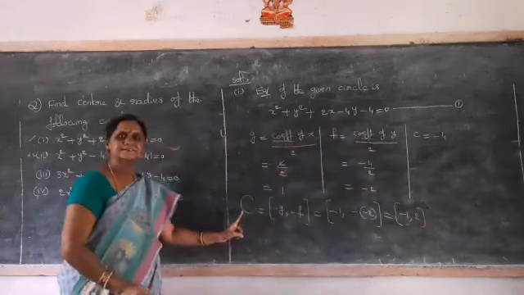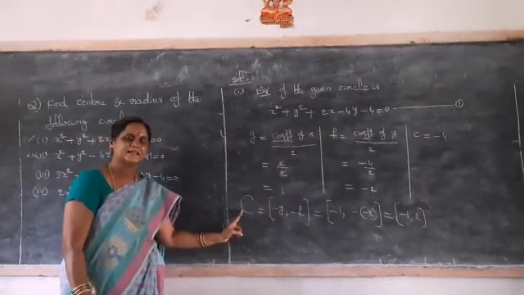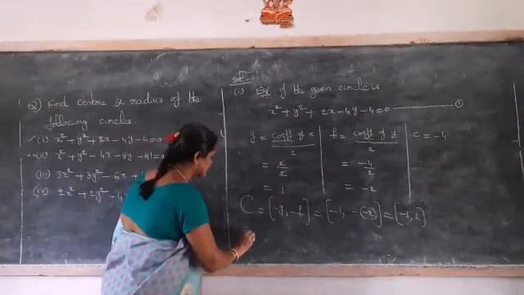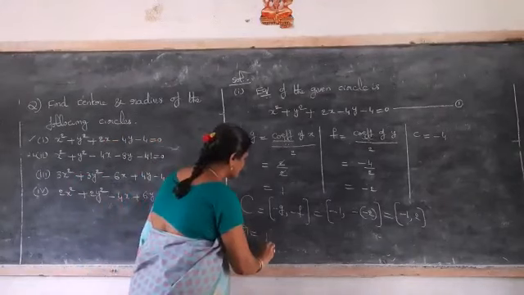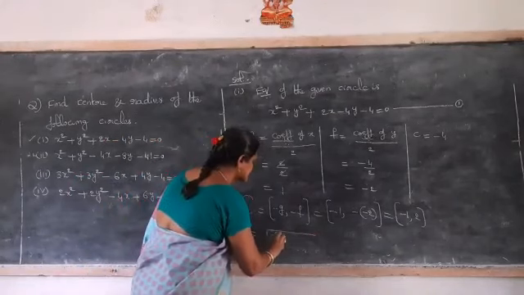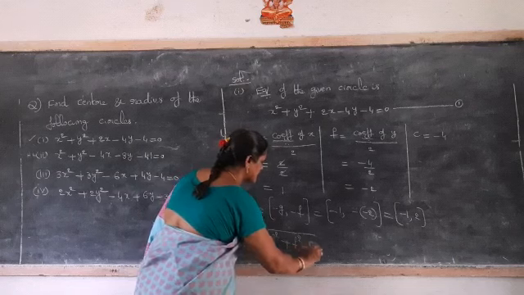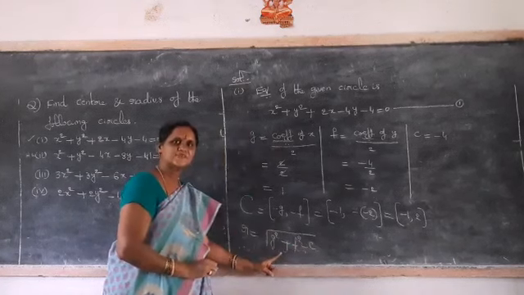Okay, this is our center. Next you have to find the radius. Small r is equal to formula root of g² plus f² minus c. So this is the formula.